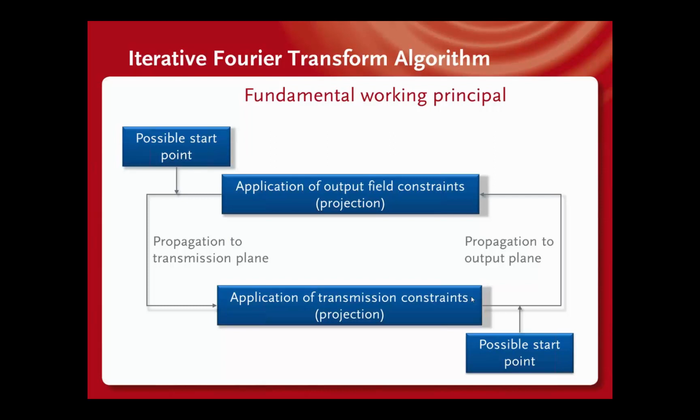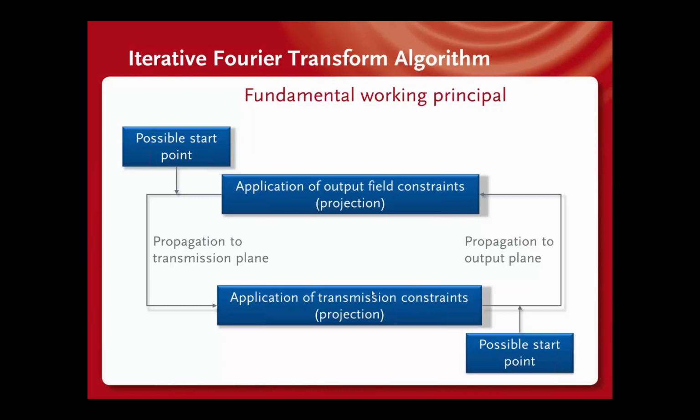And now we can calculate a new transmission function of the DOE, and we again have to take into account some fabrication constraints. For example, if you need to fabricate a discrete height level element, then you can just generate discrete phase levels.